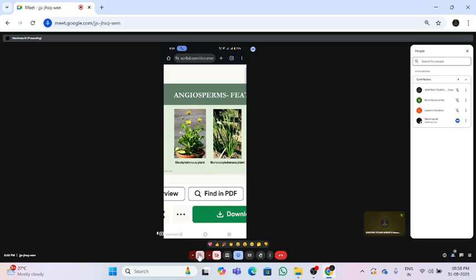The embryo sac is haploid, and it is at an 8-cell stage. At the bottom there are 3 cells, the egg apparatus with synergids. In the upper region of the embryo sac we have 3 cells, the antipodals, and in the center 2 polar nuclei.